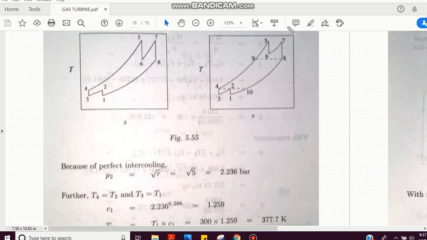But in case of regeneration, 1 to 2 is the first stage compression process, 2 to 3 is the intercooled process, 3 to 4 is the second stage compression, 4 to 9 is the heat exchanger process, where it gains some heat from the outlet gas.